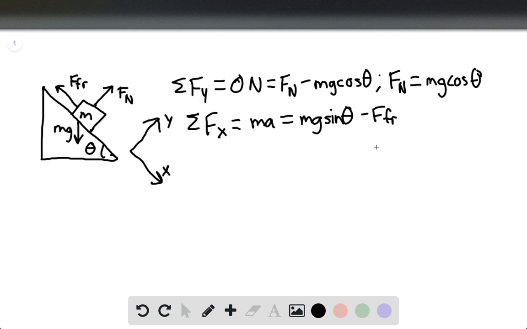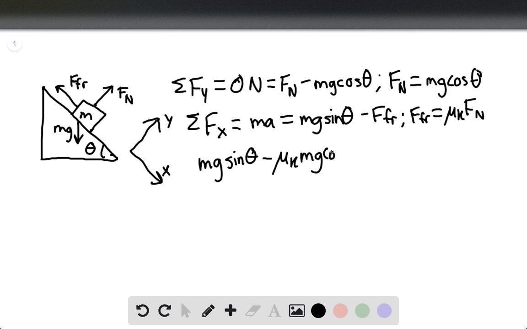We also know that the force of friction simply equals mu k Fn, so the kinetic coefficient of friction times the normal force. And so we can say that mg sine of theta minus mu k mg cosine of theta equals ma.